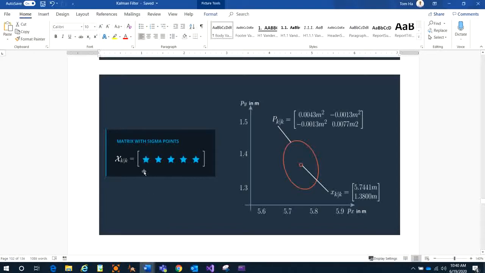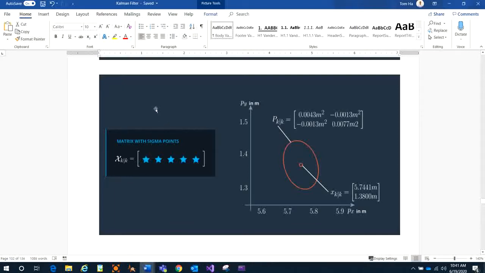Each column here is a state vector. The sigma points include all the state vectors, column 1, 2, 3, 4, 5. For example, we have 2 rows and 5 columns.